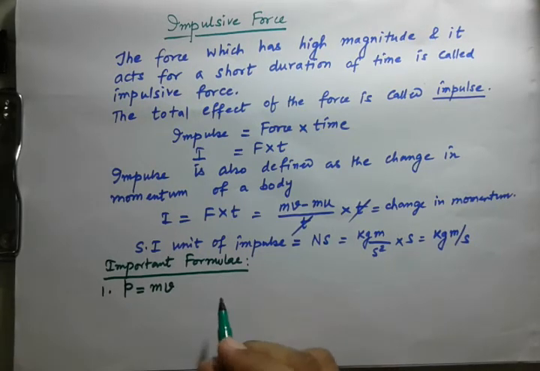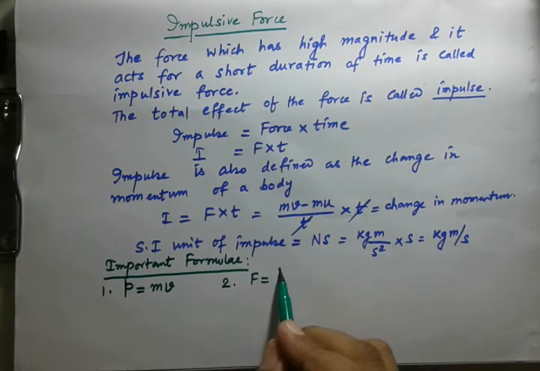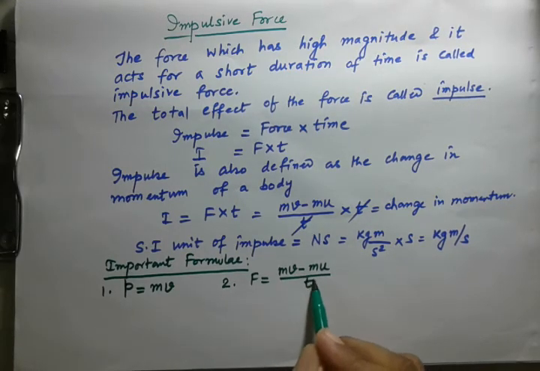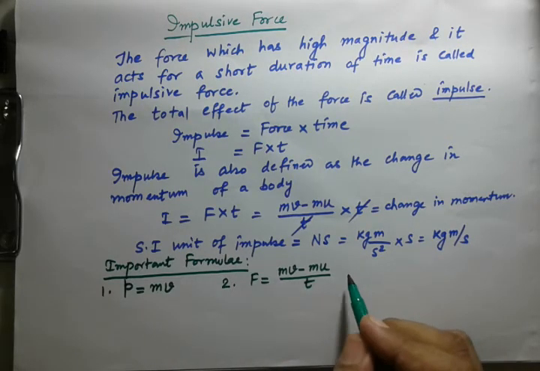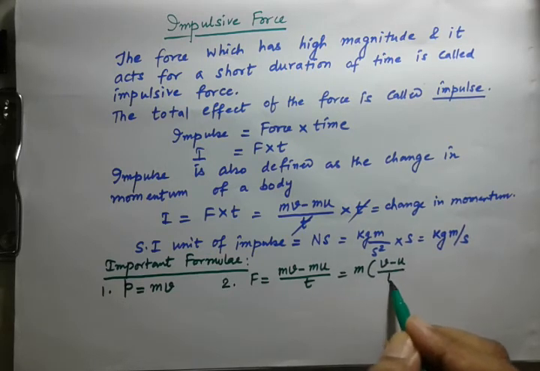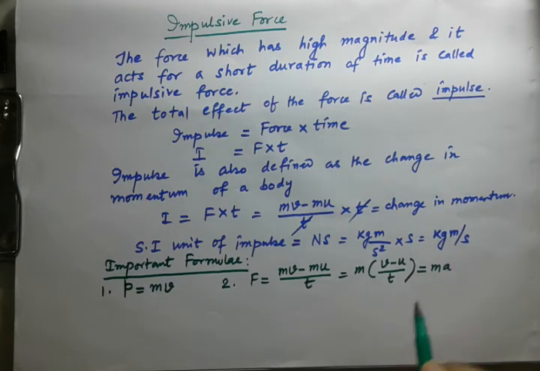And next one is F is equal to mv minus mu by t. That is called force. Or from here you can derive: take m common, then v minus u by t. V minus u by t means acceleration. So you can write m into a. So the third formula, F is equal to ma.